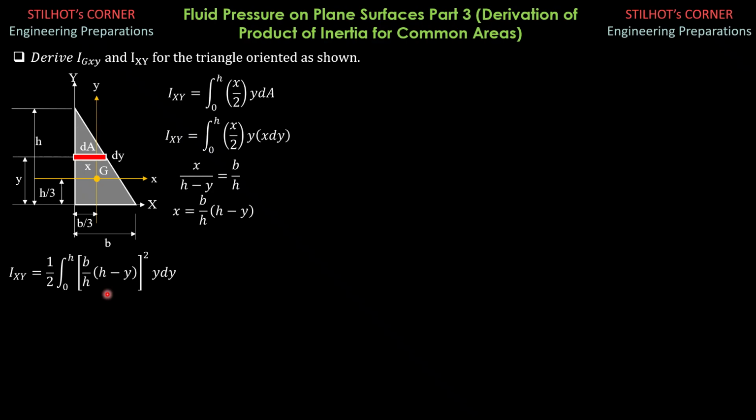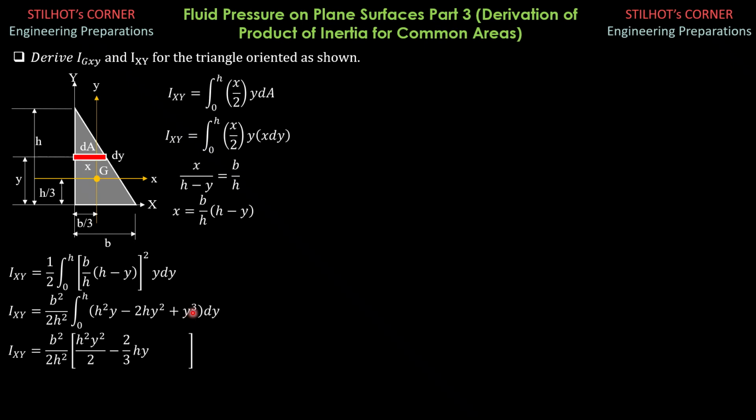Expanding and simplifying, Ixy equals b squared over 2h squared, integral from 0 to h of h squared y minus 2hy squared plus y cubed, because we have to distribute this y here. That's the result. Integrating, Ixy is b squared over 2h squared, quantity h squared y squared over 2 minus 2/3 hy cubed plus y to the fourth over 4, from 0 to h.